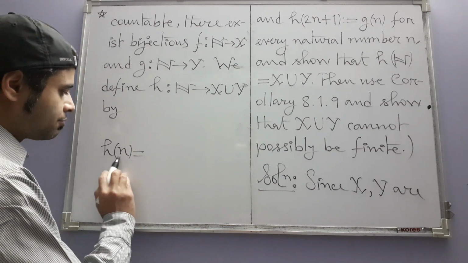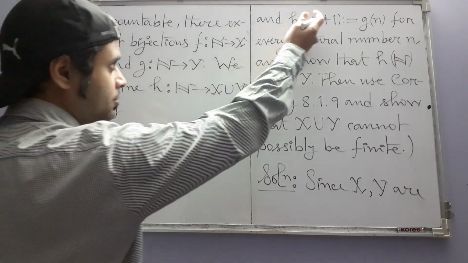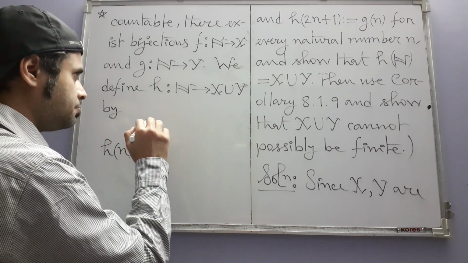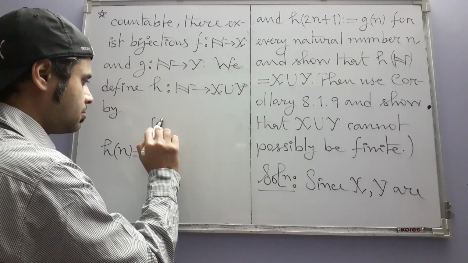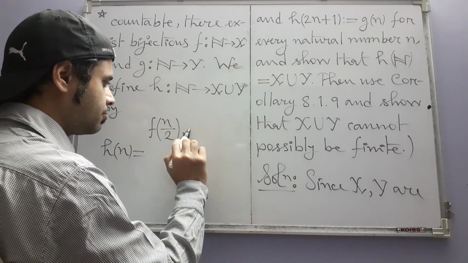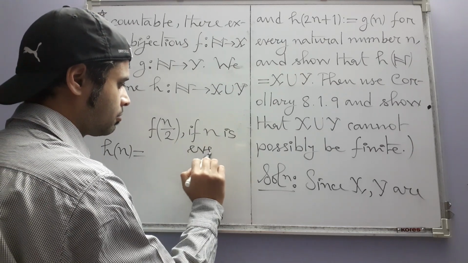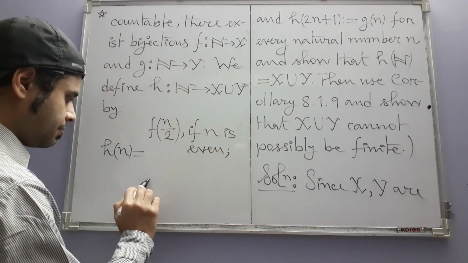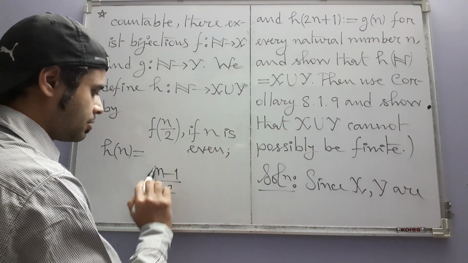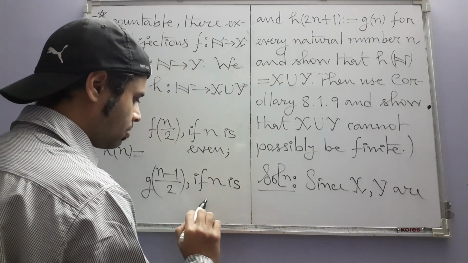So in place of 2n or 2n plus 1, we are taking n, and the formula will look slightly different. It is f of n divided by 2 if n is even, and g of (n minus 1) divided by 2 if n is odd.